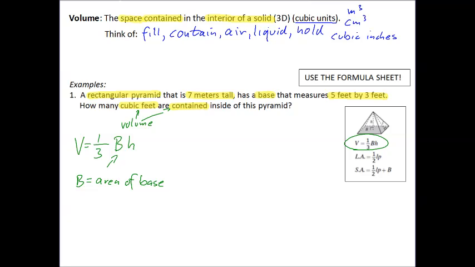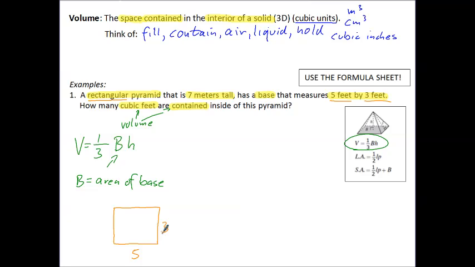And we have been told that we are dealing with a rectangular pyramid, so our base is a rectangle. And let's go back to our problem to look at the information we have about that base. It measures 5 feet by 3 feet. So 5 feet is the length and 3 feet is the width.